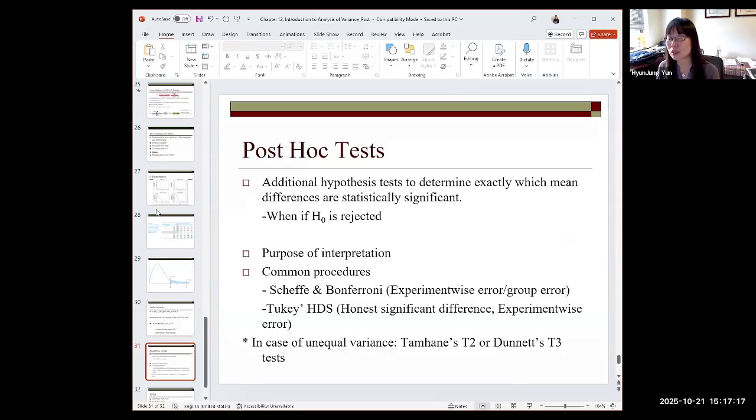I just want to introduce the names of the tests and which tests are appropriate just after an ANOVA test. How you actually calculate them and the theoretical understanding of it is not really relevant to our level of statistical understanding.